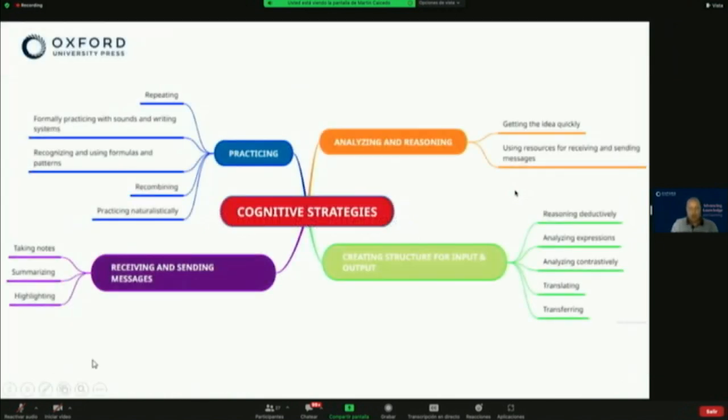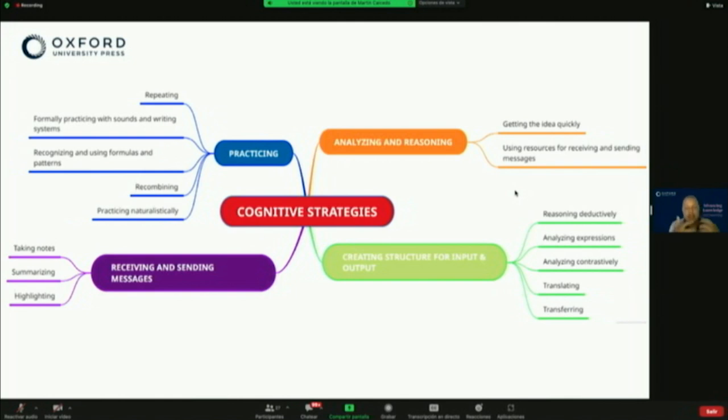I'm just going to try to summarize here because there are many. When we talk about cognitive strategies, I said there are four sets of strategies. So when we mention analyzing and reasoning, we are talking about getting the idea quickly. For example, when we teach our students how to scan or skim a document for specific information.